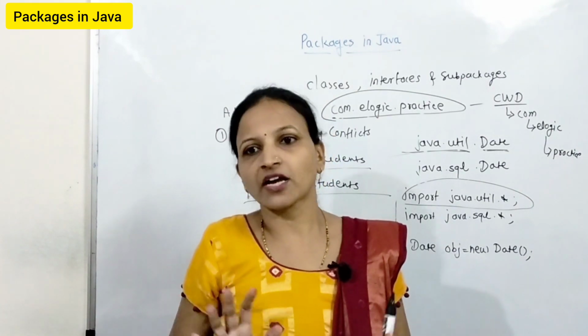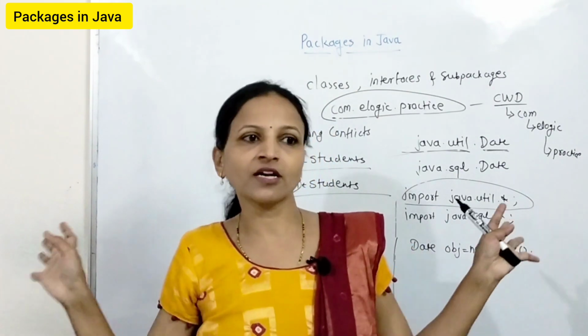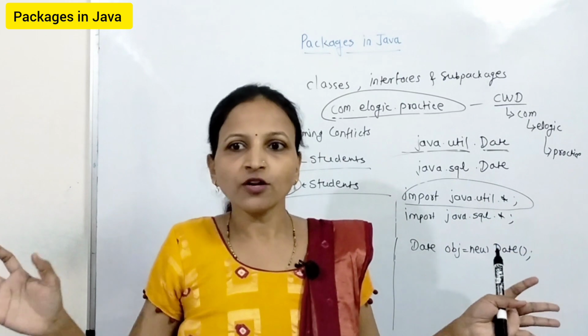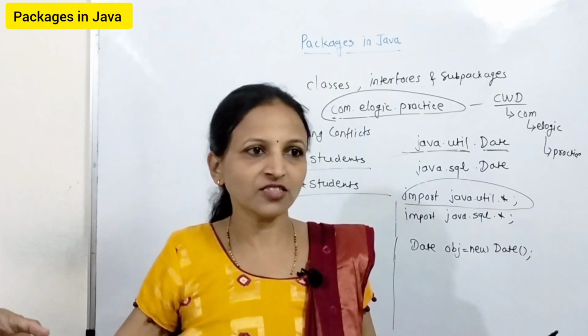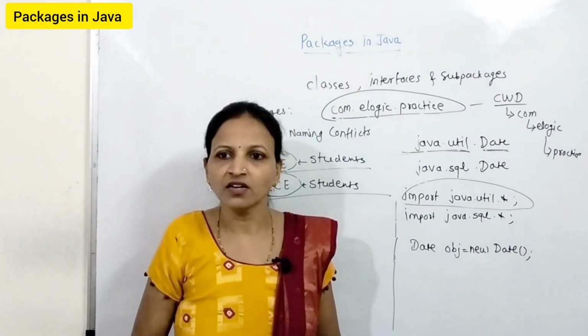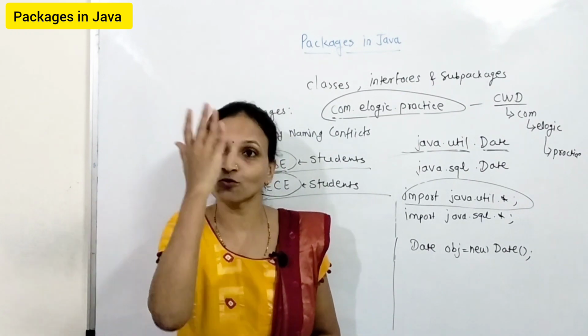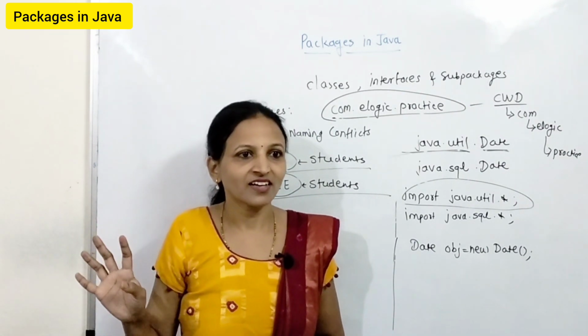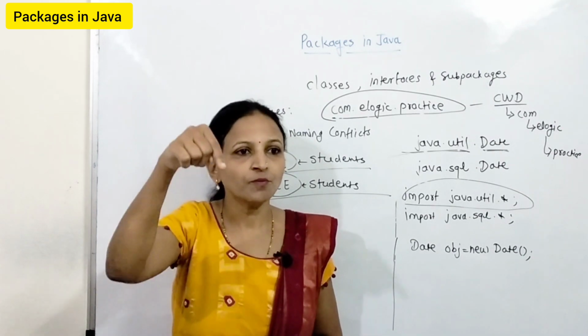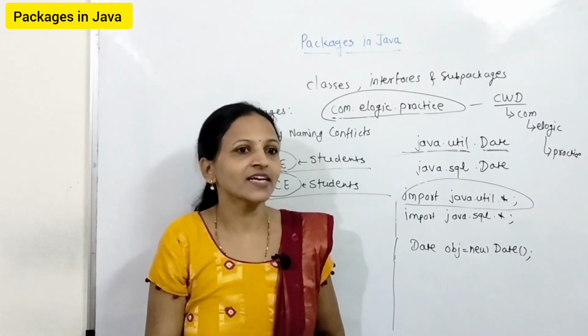If there is no package concept, then I will create multiple classes and none are grouped. Then if I want to modify something, I have to go through all the classes. To improve modularity or maintainability.